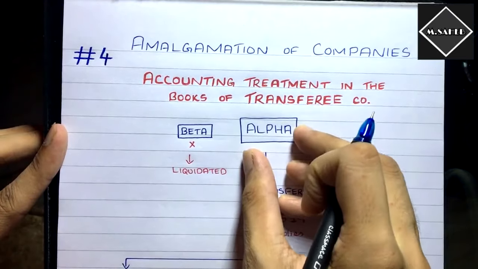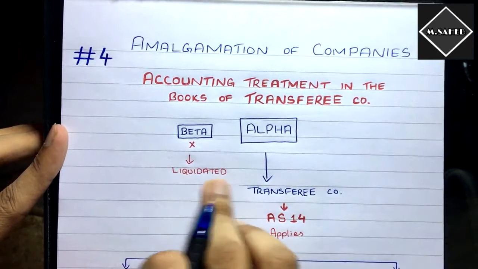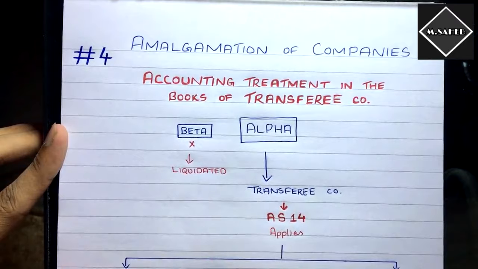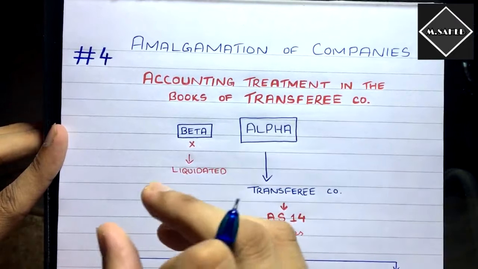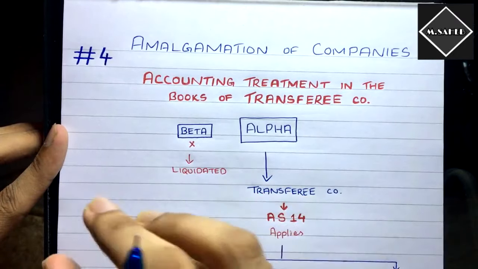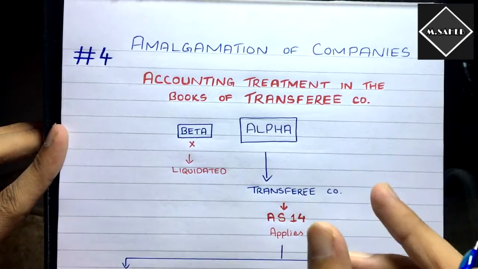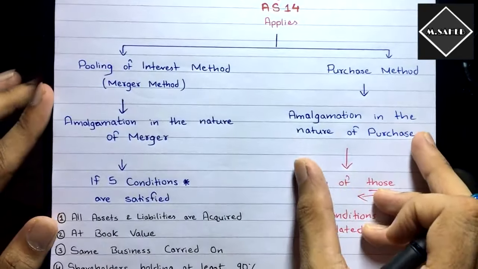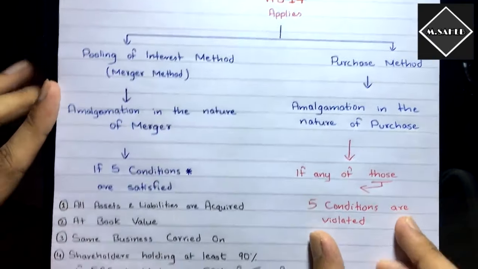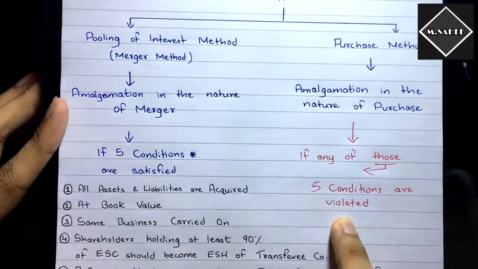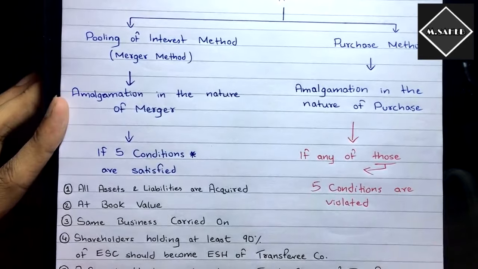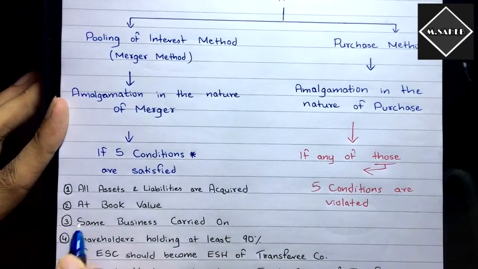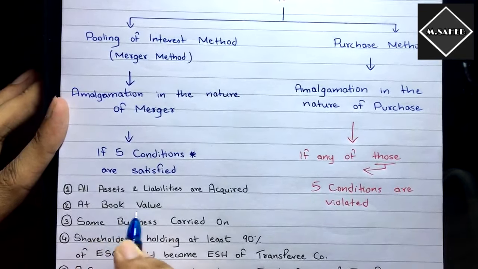If the Alpha Company revalues any of the assets, if it changes the value, if it takes over the assets or liabilities at the fair value, at the market value, or at the agreed value, then you should immediately know it is amalgamation in the nature of purchase, because the second condition has been violated. Simple, right? All assets and liabilities should be acquired, and only at the book value.